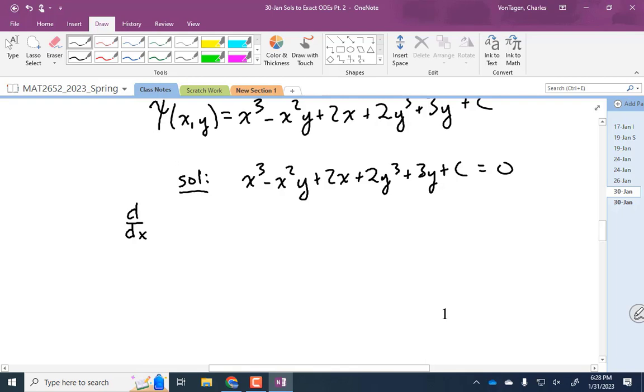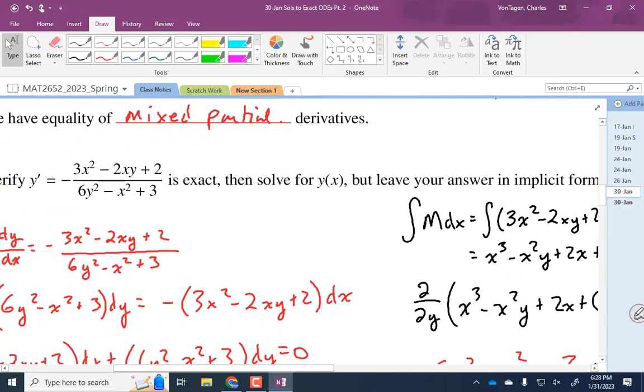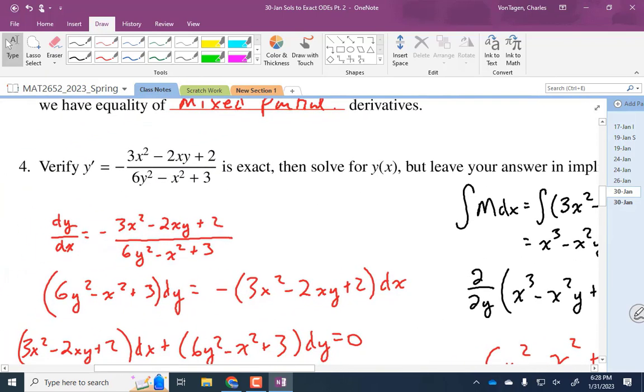That would introduce a y prime term somewhere in here by the chain rule, by implicit differentiation. If I then solve for my y prime, I get an expression, and I could show that this expression on the right-hand side is equivalent to it.